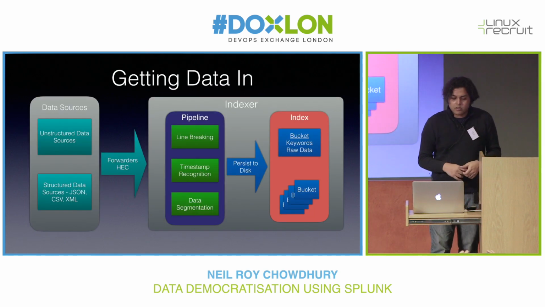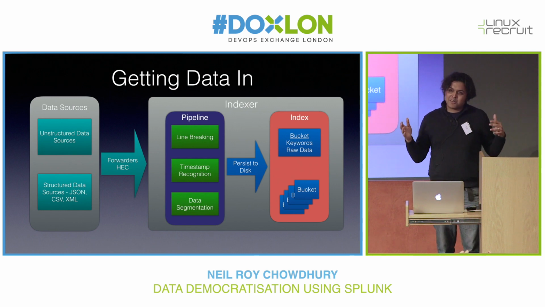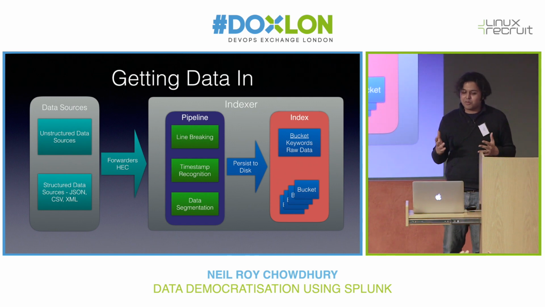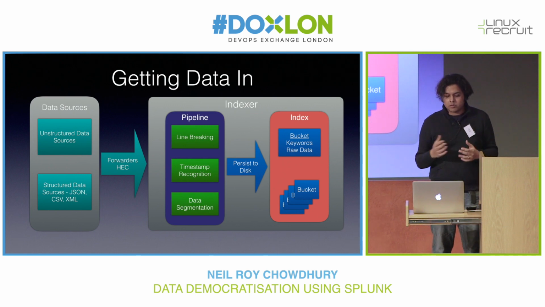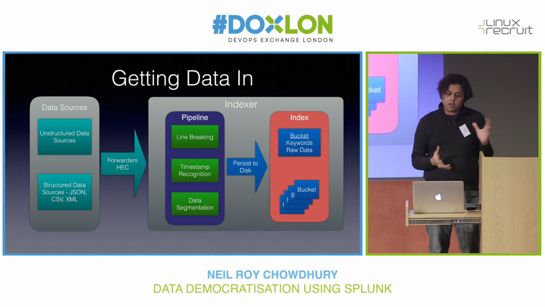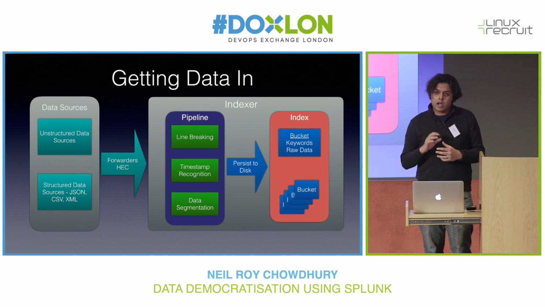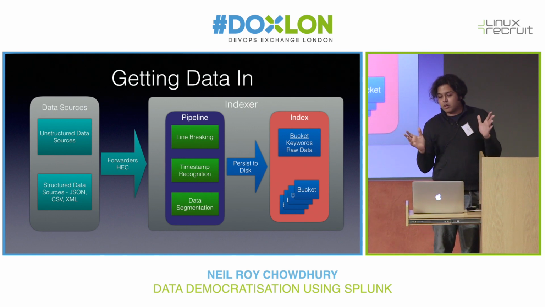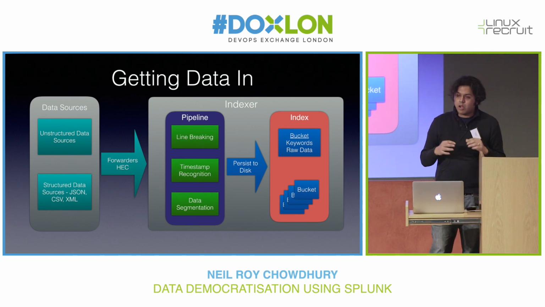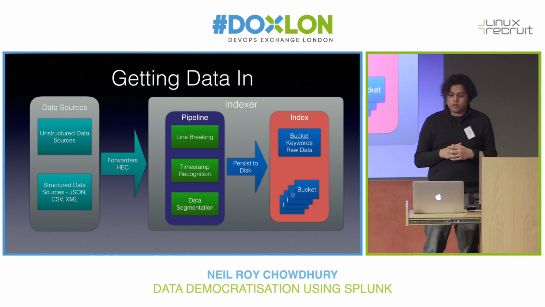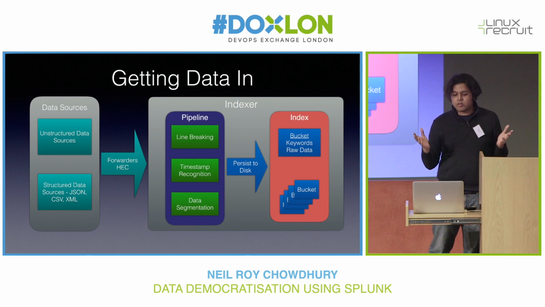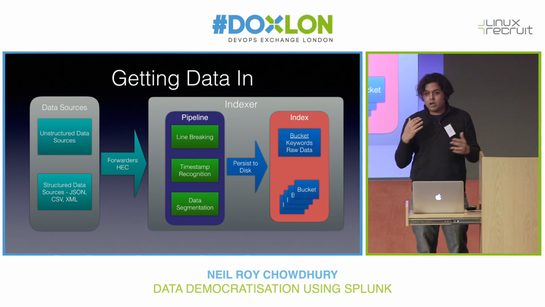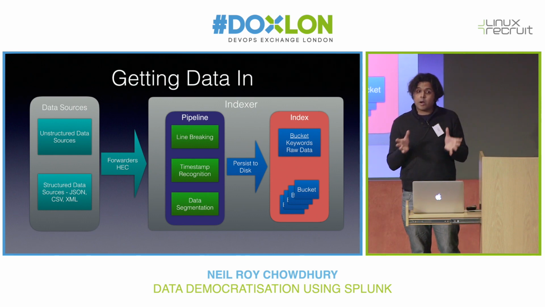So I'm going to go straight into some internals about Splunk, simply because of the semantics of how it works. You take your data sources and forward your data into an indexing farm, and within the indexing farm, there's a pipeline. It does numerous things, but namely the line breaking and the timestamp recognition that you have to configure.